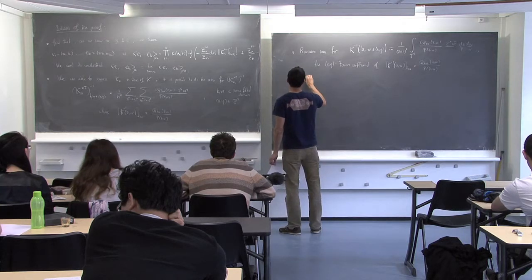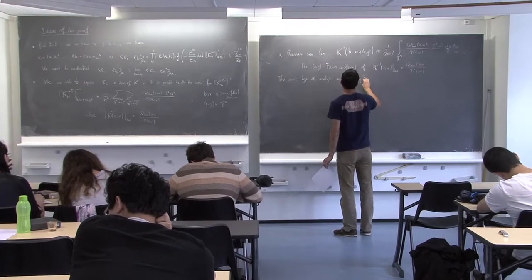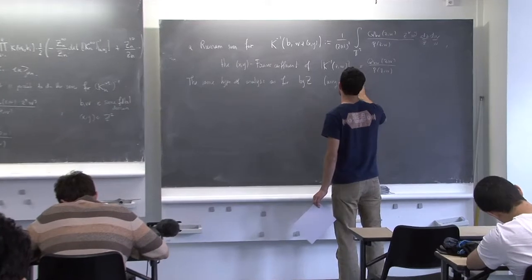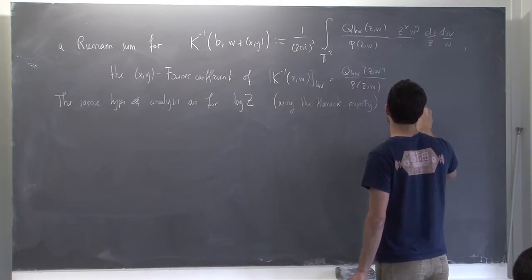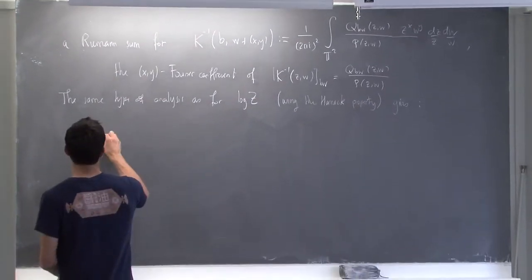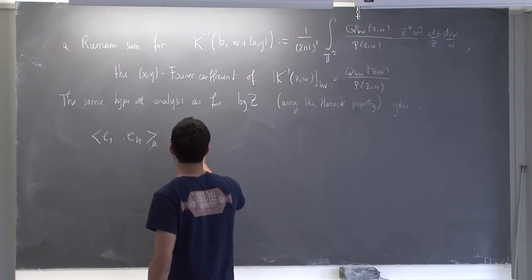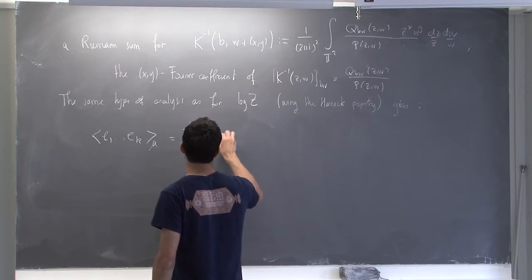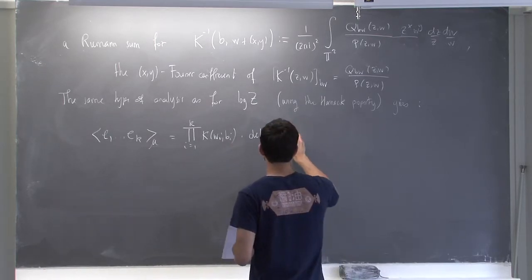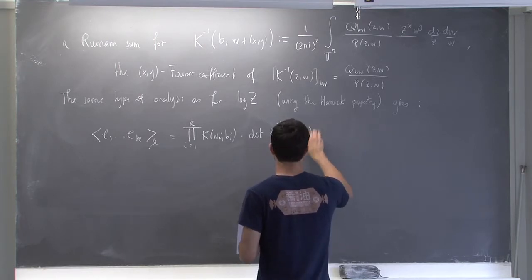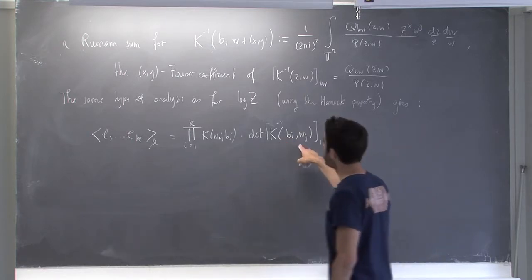So the same type of analysis as for the free energy, so using the Harnack property, gives that actually this is given by the product here times the determinant of K inverse BI WJ for I and J between 1 and K, with this K inverse being this thing here.